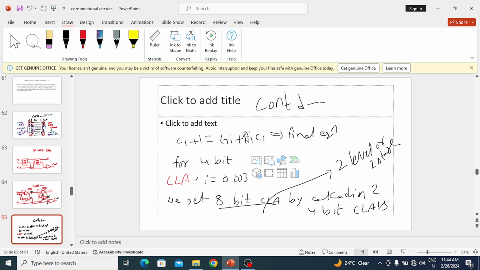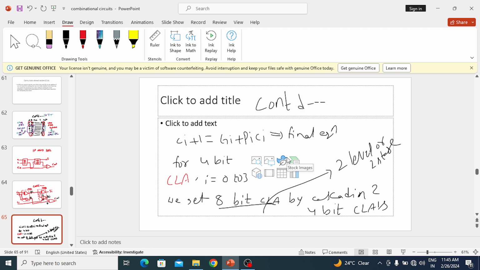In the carry look ahead adder also there is a 4-bit adder, 8-bit adder, like that. If you want a 4-bit adder, in this i place you have to substitute 0 to 3. Suppose for an 8-bit adder, we implement an 8-bit carry look ahead adder by cascading two 4-bit ones.